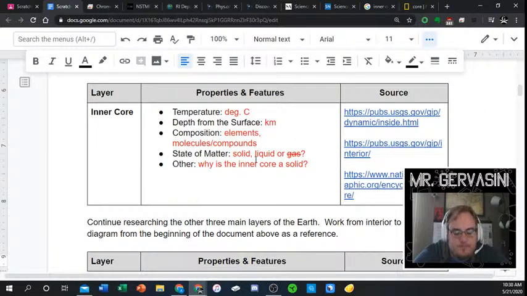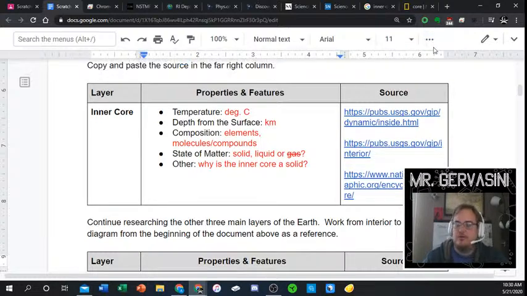4 layers. What's unique amongst each layer? So we can get a better picture of what the Earth is organized as. Because once we figure out how the Earth is organized, we can figure out what effects that organization causes.